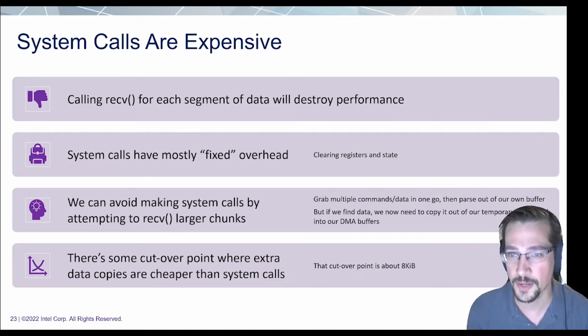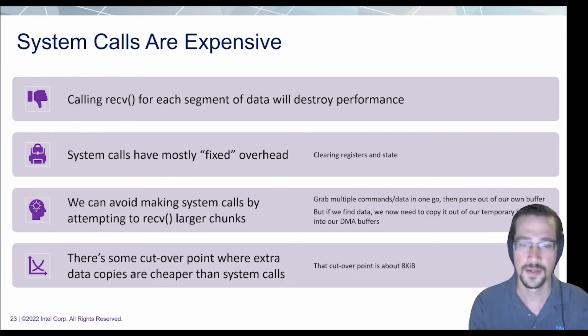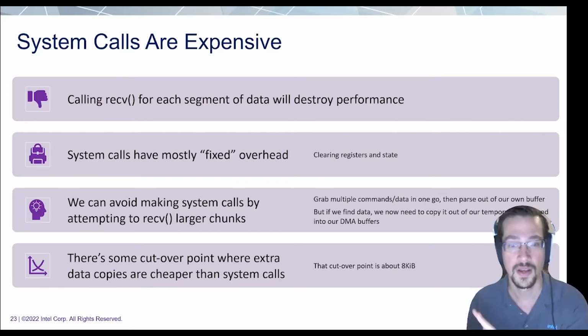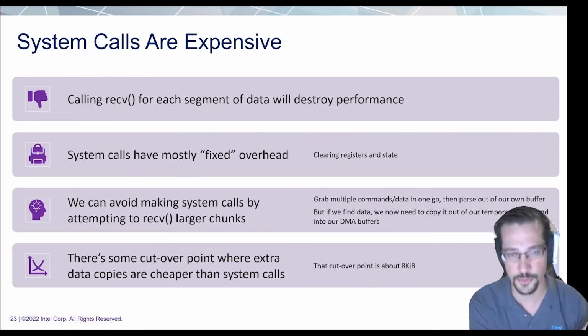So try to receive 8K always, and then copy. And as you do this, if you definitely know as you parse the protocol that the next 64K or whatever is data, you can skip buffering it through that 8K speculative receive and just go straight to your DMA buffer.